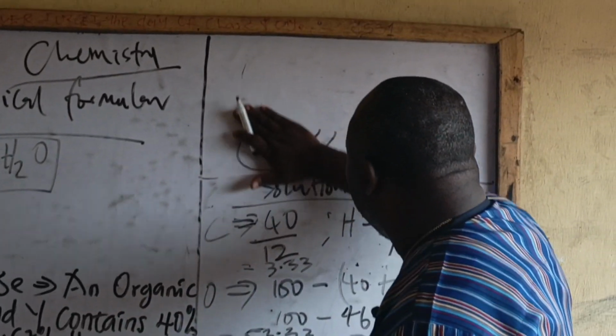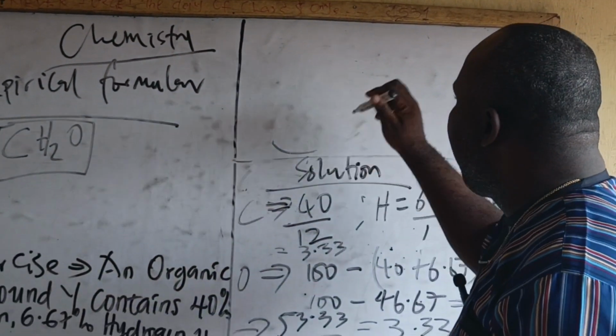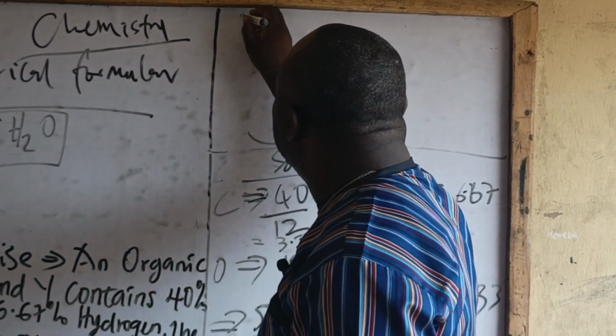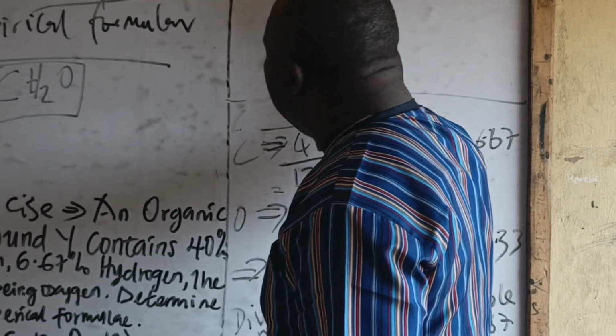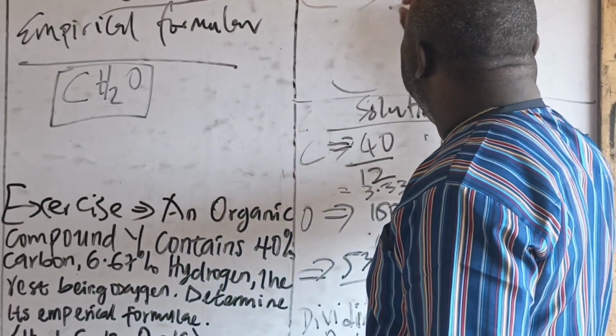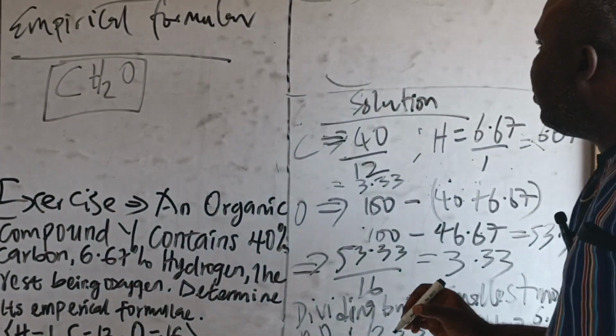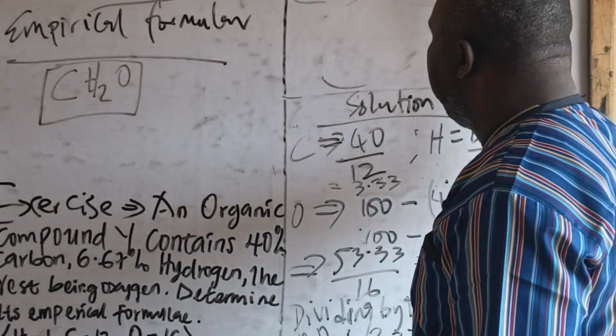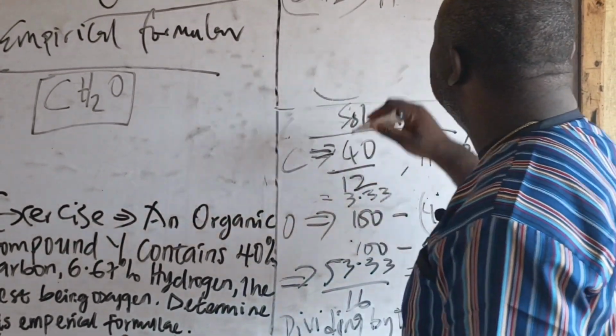To get the molecular formula, we put n here: (CH2O)n is equal to 60.